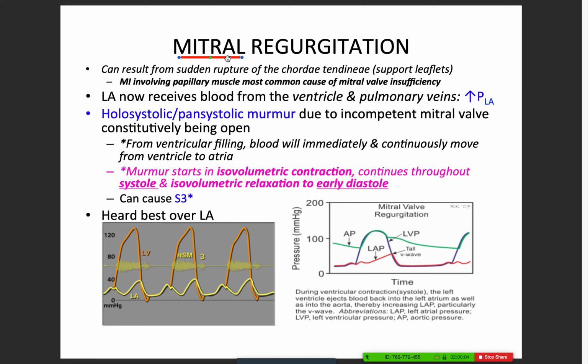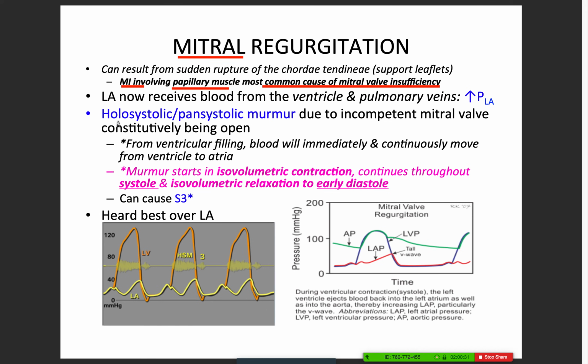Now, say you have a heart attack that affects those muscles. During systole, that valve's not going to stay shut, and you're going to have blood going backwards into the left atrium. So a myocardial infarction involving papillary muscle is the most common cause of mitral valve insufficiency, aka regurgitation. Same thing. Okay, all right, great.